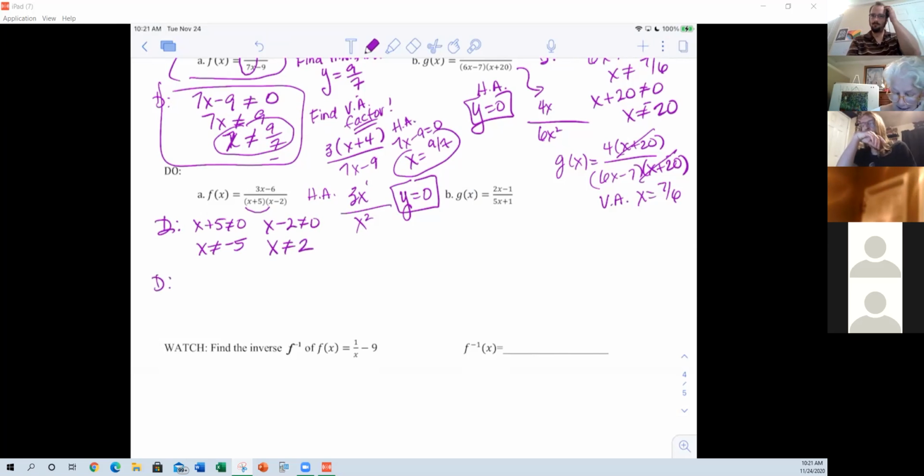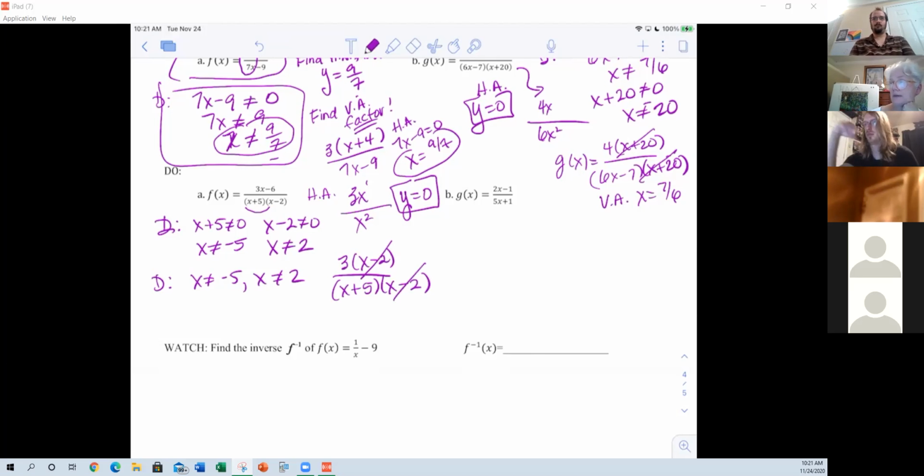So our domain is x not equal to -5 and x not equal to 2. And then to find the vertical asymptotes, we'll make sure everything is factored. The vertical asymptote is determined only by whatever part of the denominator does not cancel out. So that's my vertical asymptote.